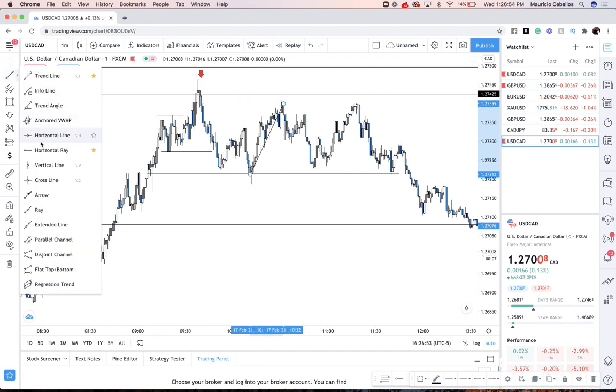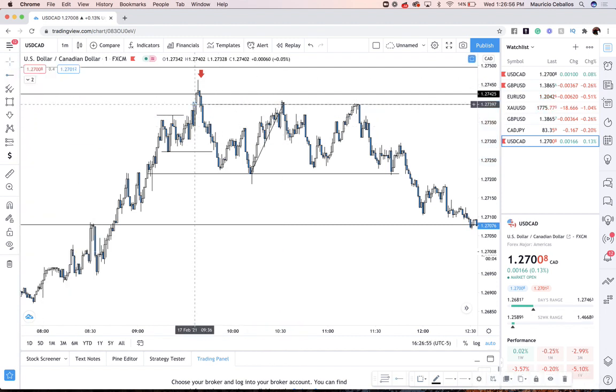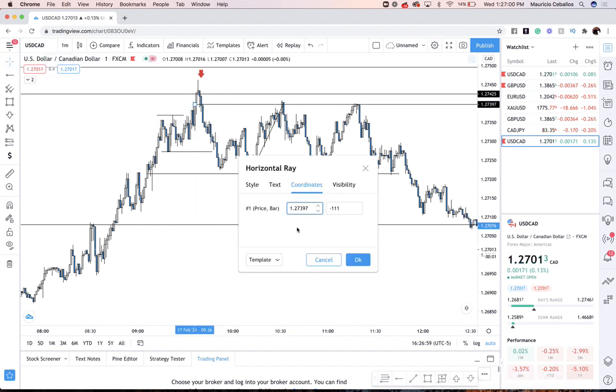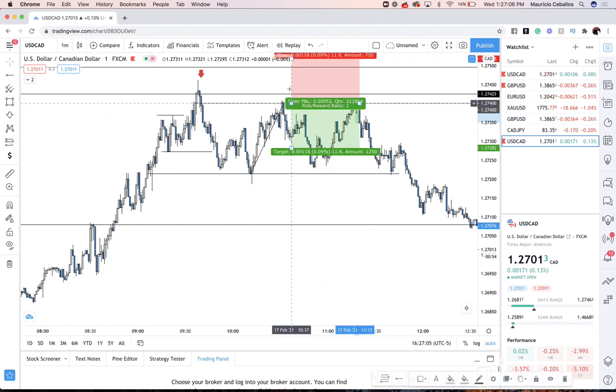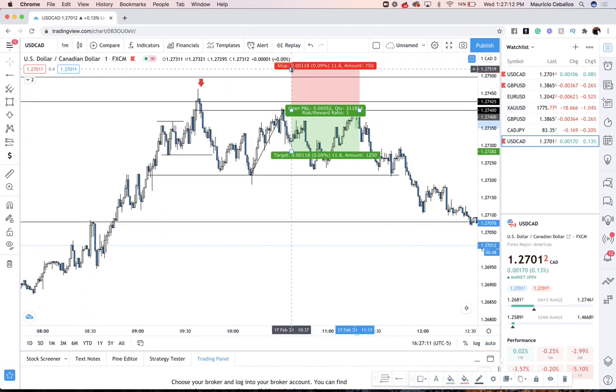Many individuals would be going in at the round number, in this case 7,400. That would be the entry, with a stop loss right above our point of interest, leading us to a 6-pip stop loss.